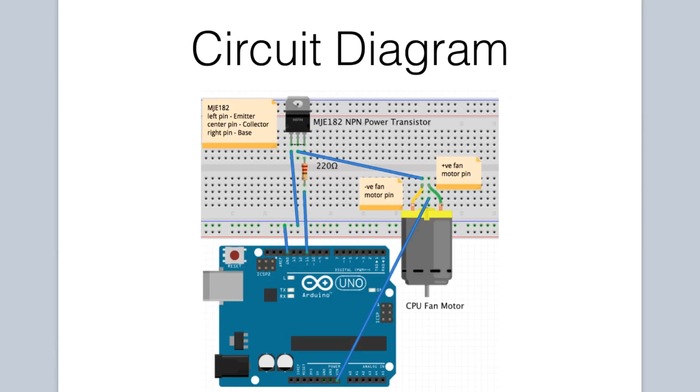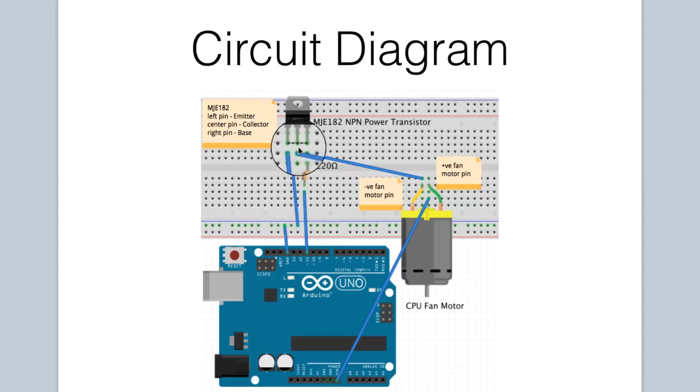Let's take a look at our circuit diagram for our project. This is our MJE182 NPN power transistor, and the pins labeled from left to right are the emitter, the collector is the center pin, and the base on the right hand side. So first we connect the ground pin of the Arduino to the ground rail. Then, in wiring our transistor, we connect from the emitter to ground.